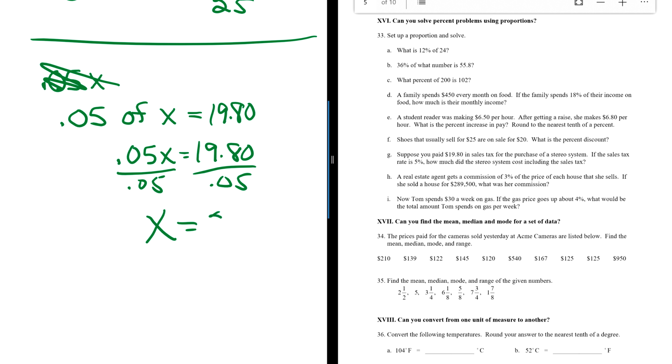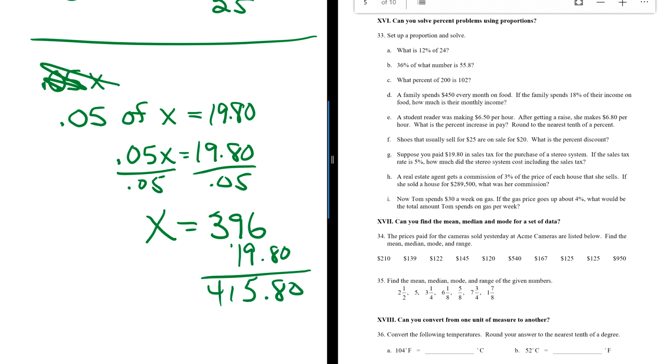So it looks like x equals 396. And 5% of that is 19.80. Wait a minute, is that right?